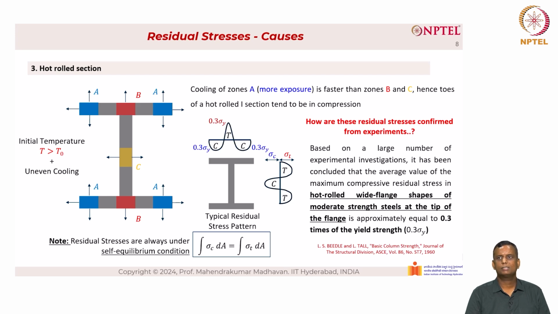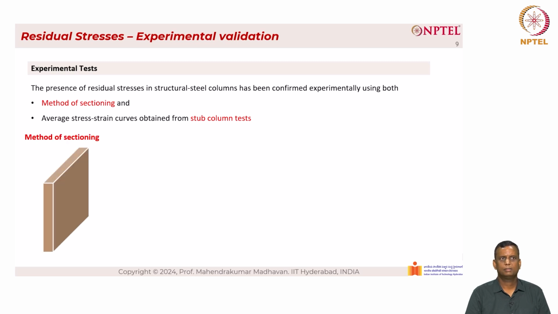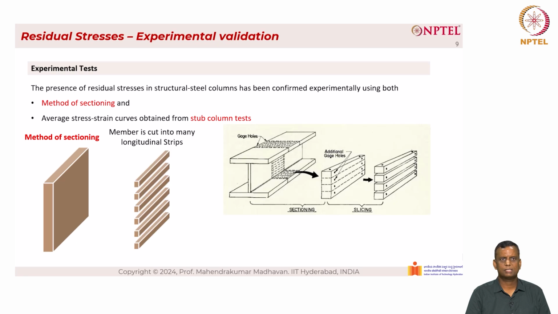How are these residual stresses confirmed from experiments? So the presence of residual stresses in structural steel columns has been confirmed experimentally using both method of sectioning and average stress strain curves obtained from stub column tests. So the method of sectioning is basically very simple. You take a small piece of section that you think is being subjected to residual stresses, and we need to slice it into number of longitudinal strips.